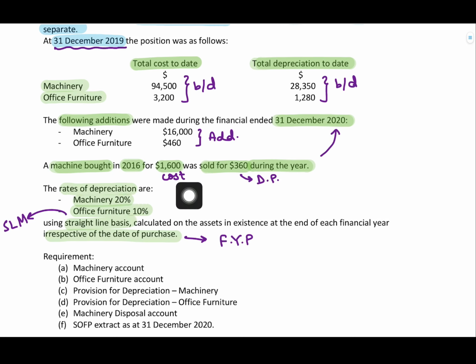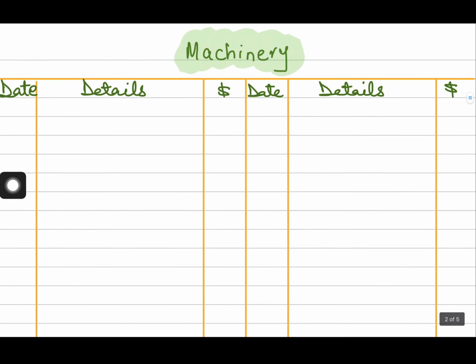First we know that this is the cost account, so we will start with the cost balance brought down, and that is given to us, 94,500. Then there are additions during the year and there is a disposal as well in this question. So this is the format of the non-current asset account. The current year is 2020. We have the balance brought down on January 1st amounting to 94,500.